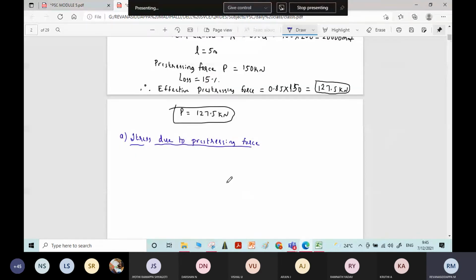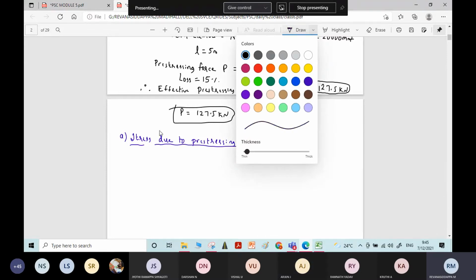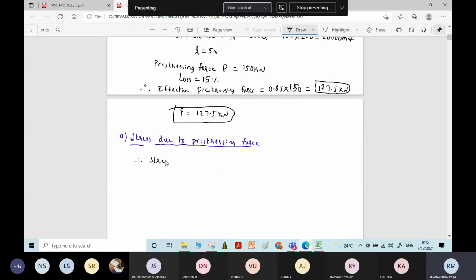What is the formula for stress due to pre-stressing force? P by A, correct? The direct stress due to pre-stressing force is equal to P by A. P is 127.5, area is 20,000.